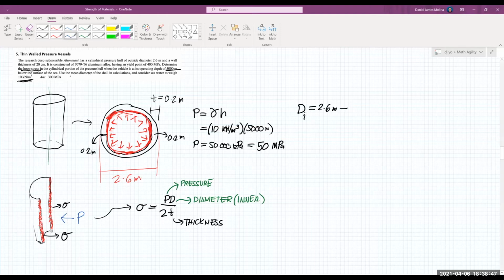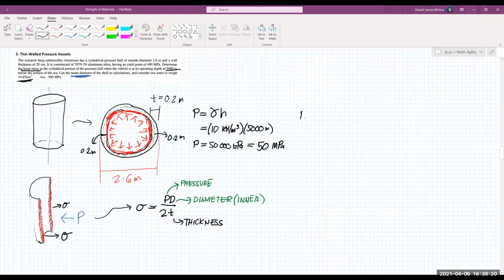We have used the mean diameter of the shell for the calculation. So we are not actually solving for the inner diameter in this problem since the mean diameter is given. But if it's not given, then we must use the inner diameter. The mean diameter is located somewhere in between, at the middle of the wall of the given shell.